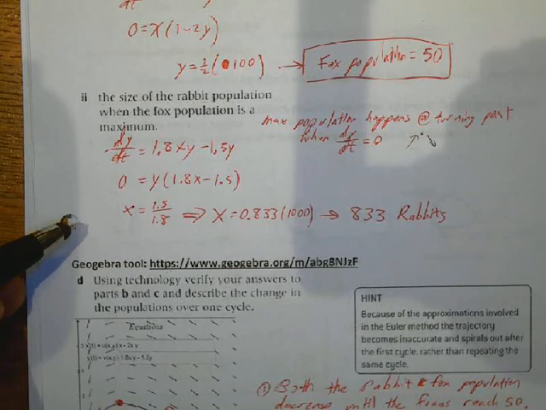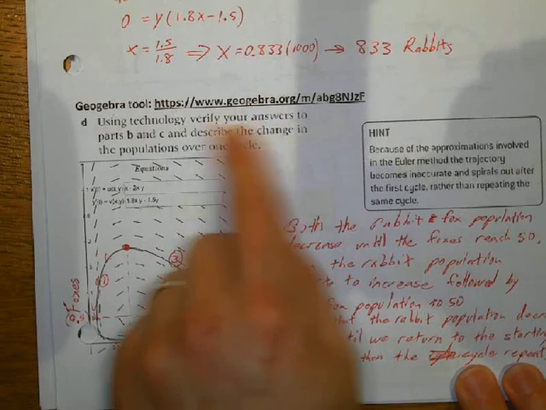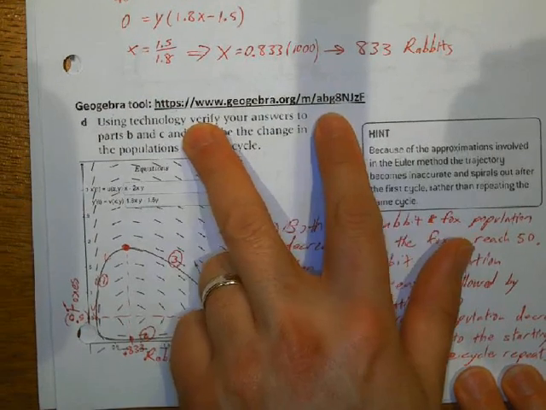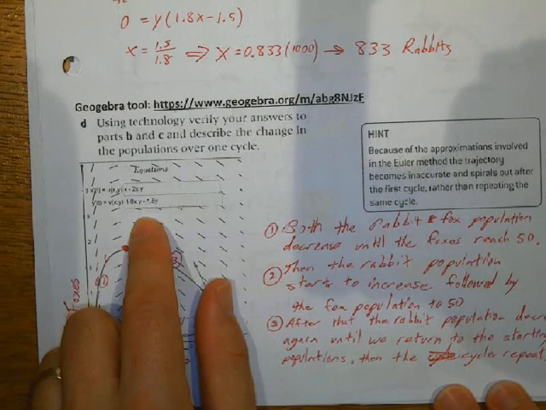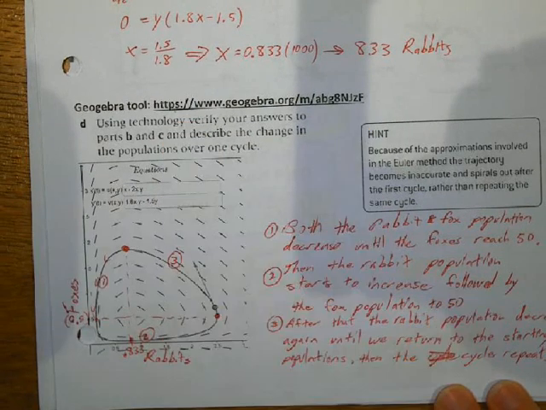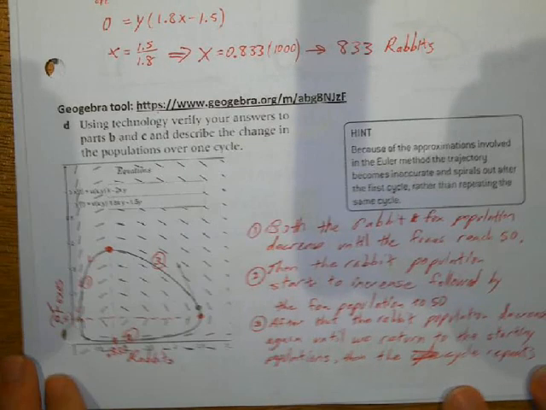Okay, feel free to. This GeoGebra tool is so amazing. You could type in your equation in here and then hit enter if you go to this website, and you'll get the same graph that I got myself.